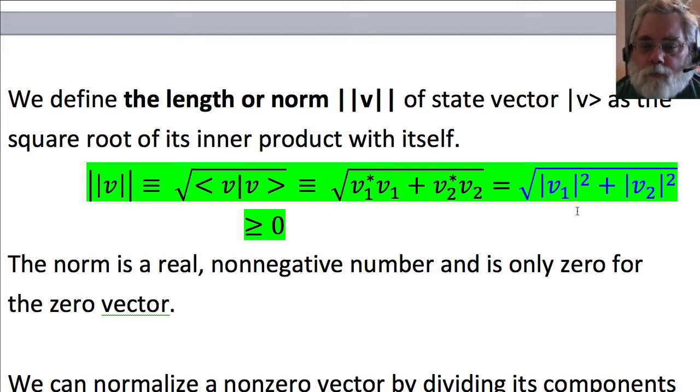The magnitudes are real numbers, the squares are positive real numbers, so we are going to end up with the square root of a positive or non-negative real number. So the norm is a real non-negative number, and it's only 0 for the 0 vector.